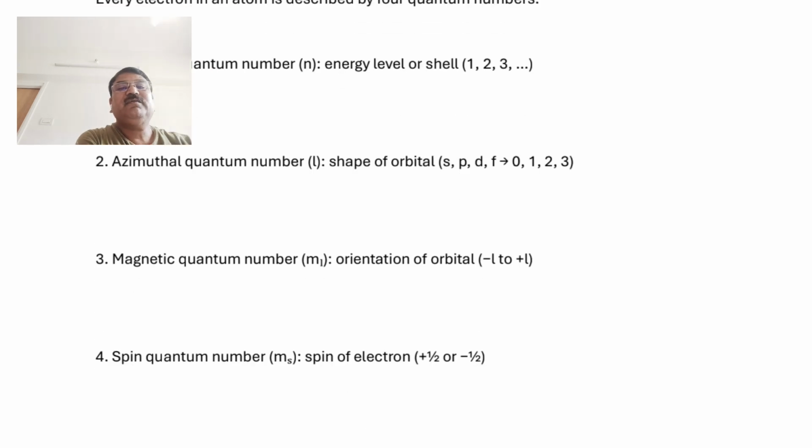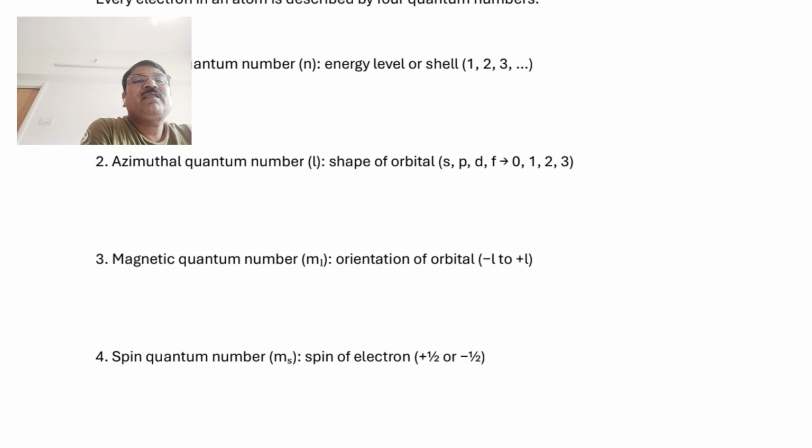Then the third is the magnetic quantum number, denoted by m_l. It explains the orientation of the orbital, and its values range from minus l to plus l.